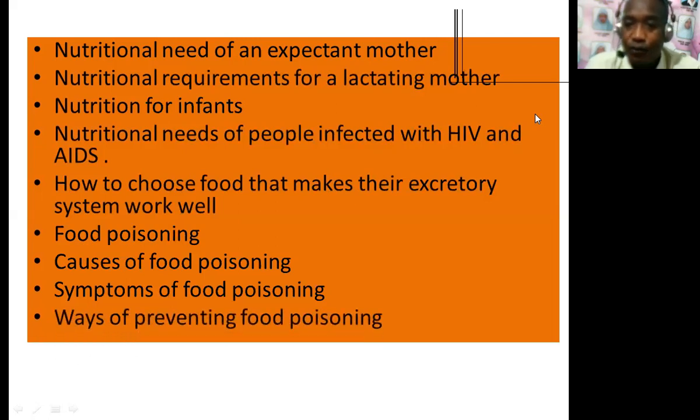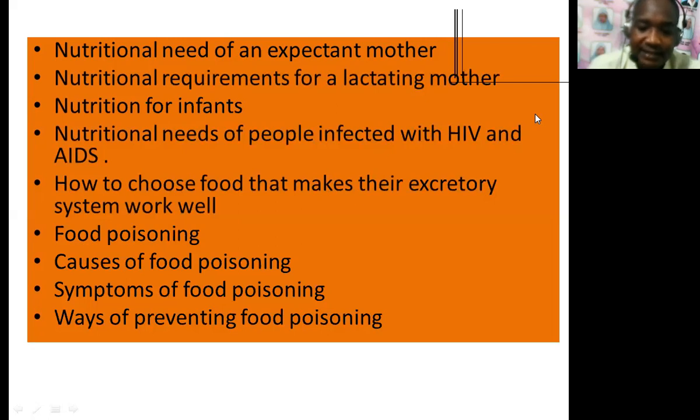Candidates, we move to ways of preventing food poisoning. How can one prevent food poisoning? To avoid food poisoning, hygienic food handling practices must be observed.